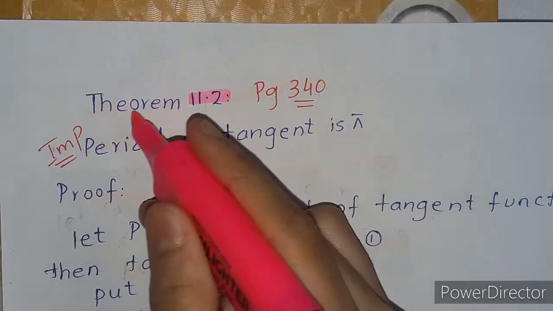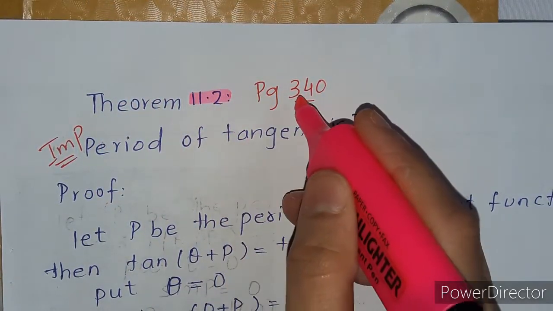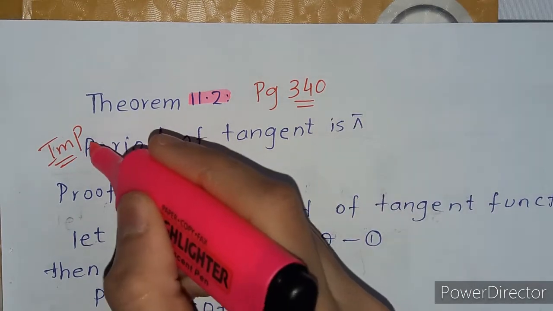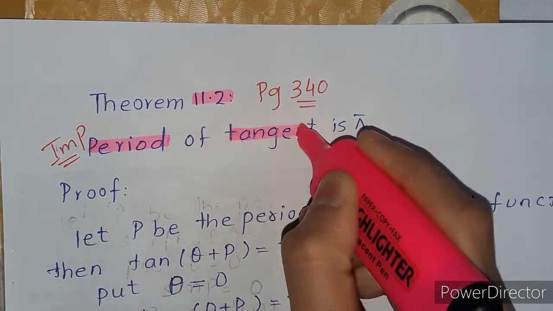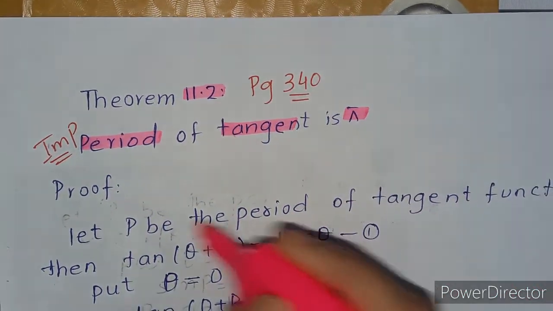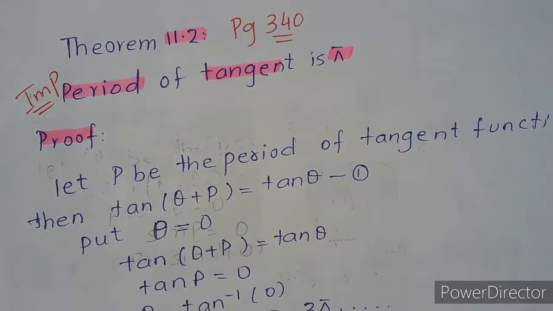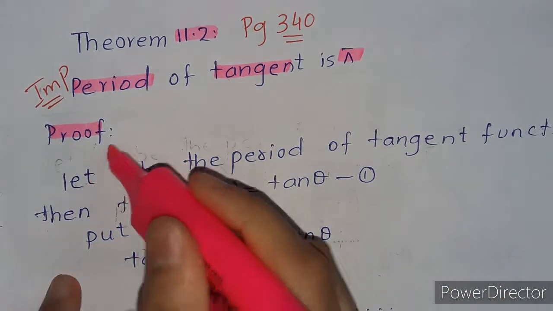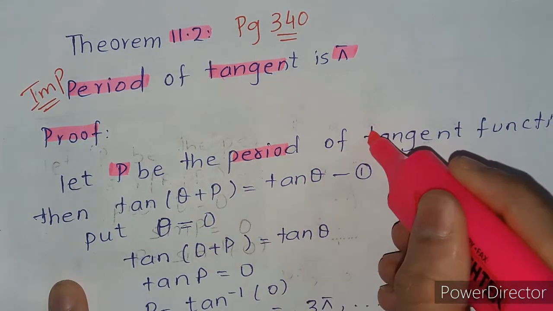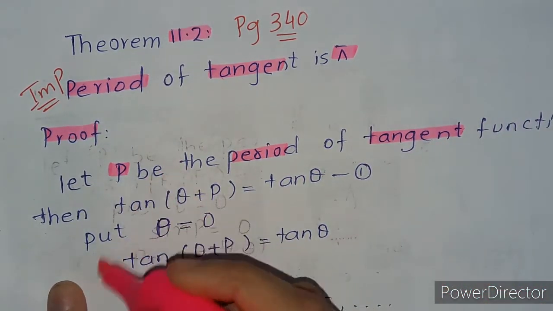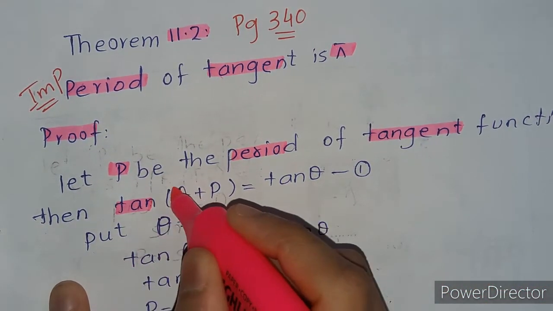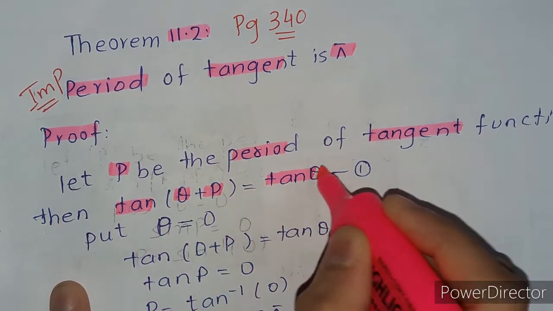We have theorem number 11.2 on page number 340. We have to prove the period of tangent is pi. So let's start the proof. Same as the previous theorem, we suppose p is the period of the tangent function. Same process: tan(theta + p) is equal to tan theta.